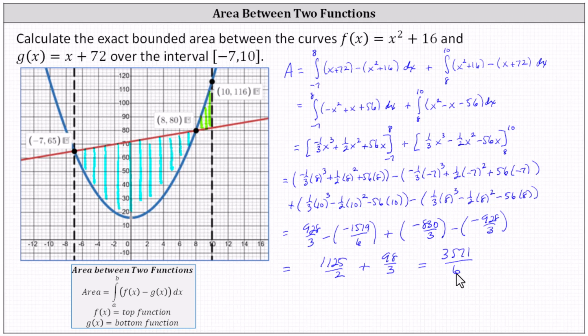And because this is the bounded area, this would be square units. So I did skip quite a few of these calculations, but hopefully you found this helpful.